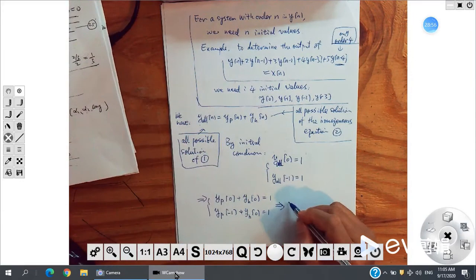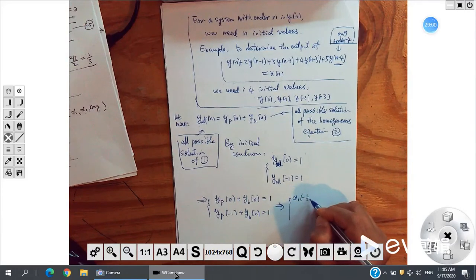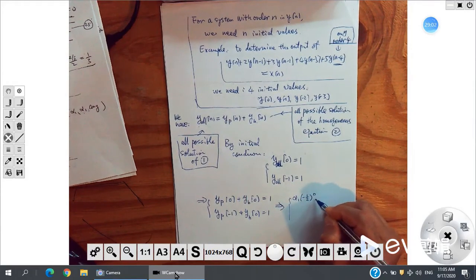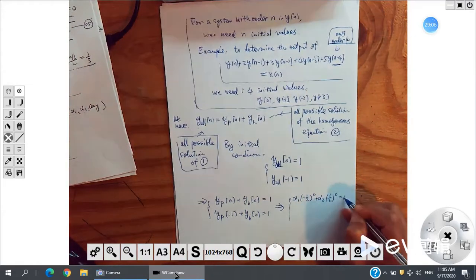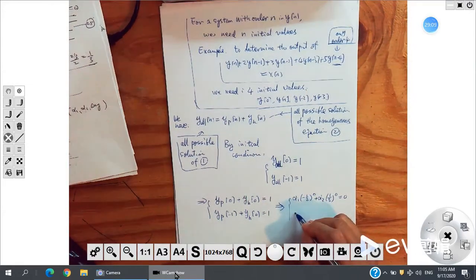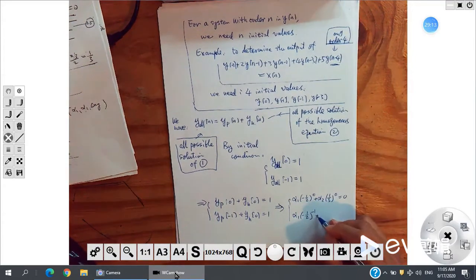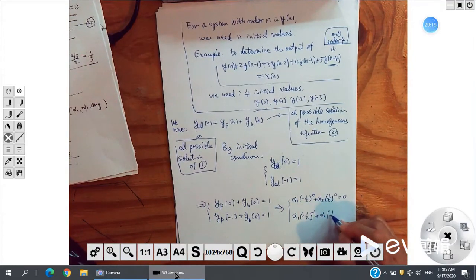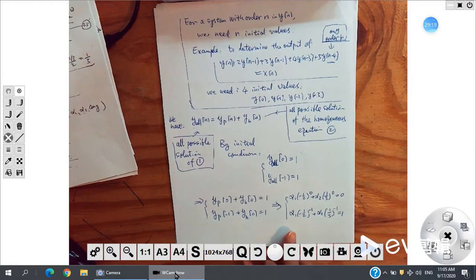We have alpha 1 times negative 1/2 to the 0 plus alpha 2 times 1/3 to the 0, and alpha 1 times negative 1/2 to the negative 1 plus alpha 2 times 1/3 to the negative 1 equal to 1. You can check the notes of last time to find this part.